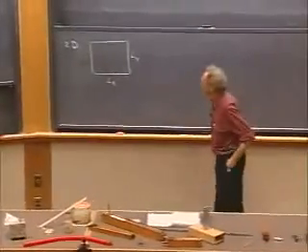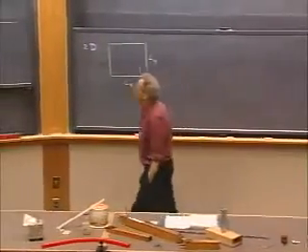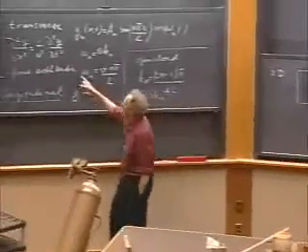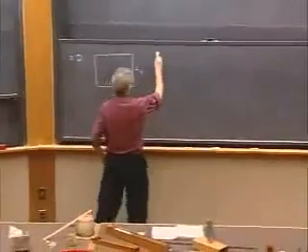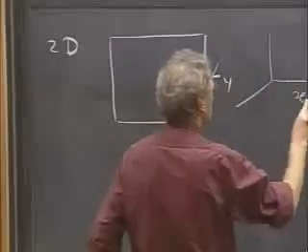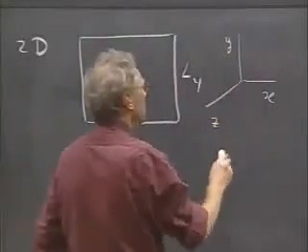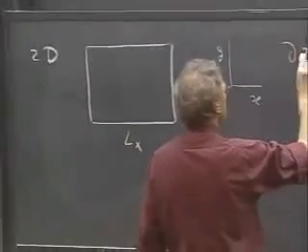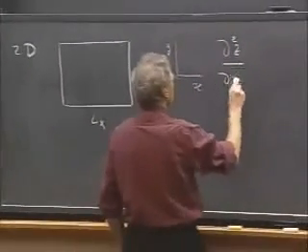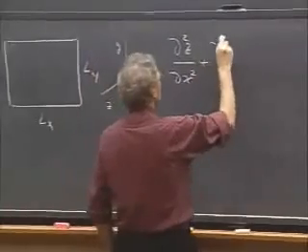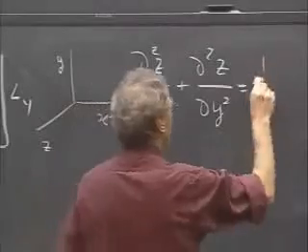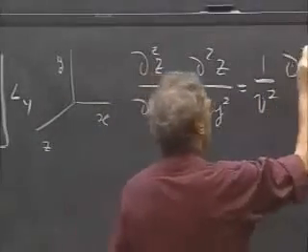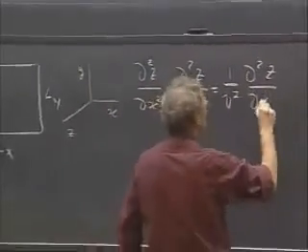for this system. So now our one-dimensional wave equation becomes a two-dimensional wave equation. And so if this is my coordinate system, x, y, z, then now we get that d2z dx squared plus d2z dy squared is now 1 over v squared times d2z dt squared.